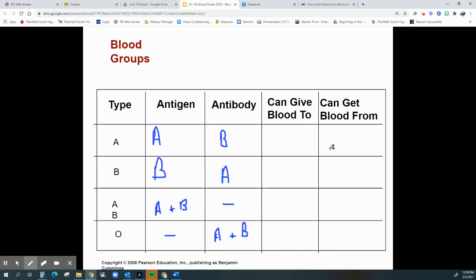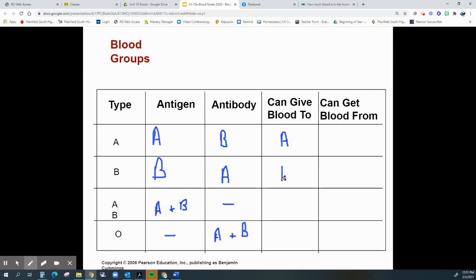So in terms of who can give blood to whom, we have to look at this. Can somebody who's type A give blood to somebody who is type A? Yes. If they were to give blood to somebody who's type B, the B antibodies would attack the A antigen and cause the blood to coagulate or agglutinate.